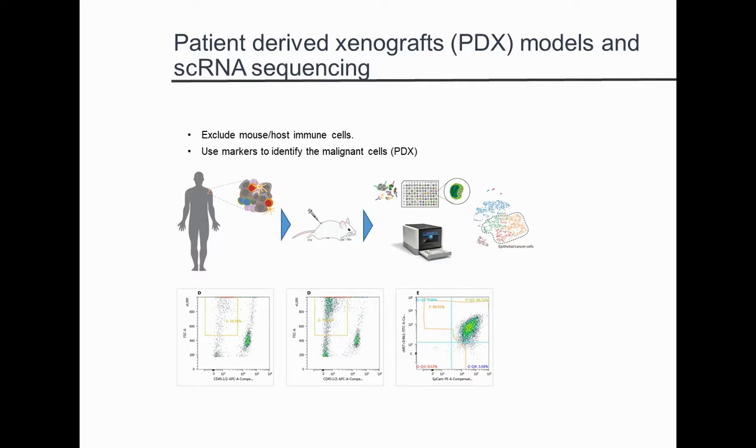The reason for that is that when we look at the composition of those PDXs within those immune-deficient mice, we think, okay, there's no immune system, so all the cells that we have are actually tumor cells. And in most cases, this is a wrong assumption.